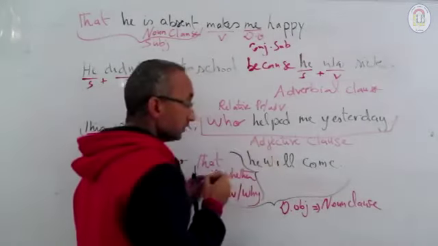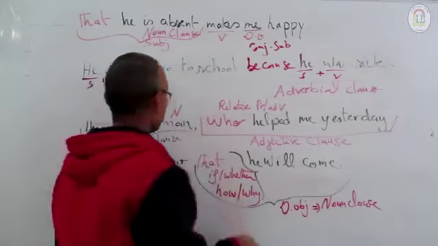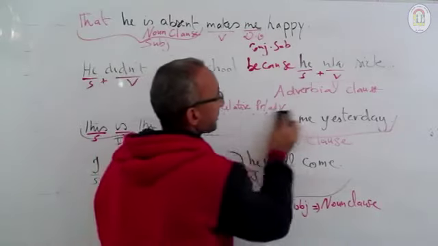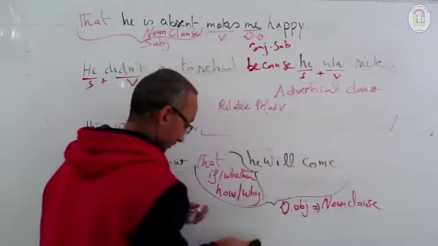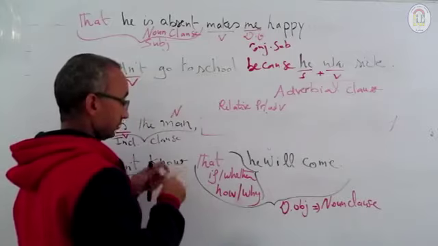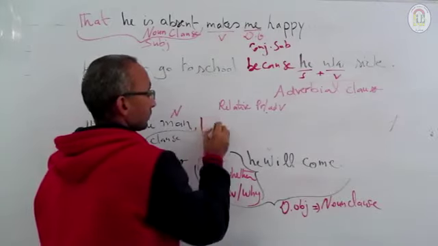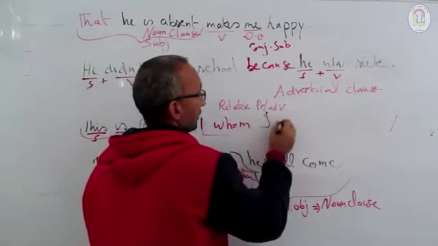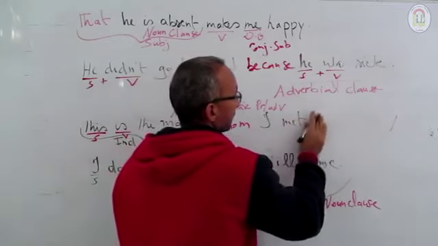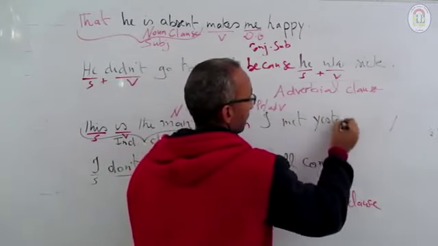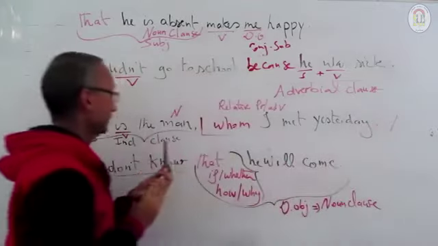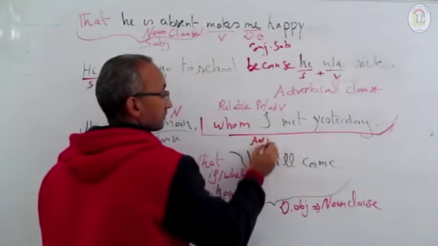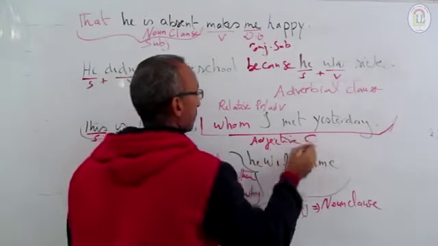Here also we need to adjust this example and write who is the man, whom or that I met yesterday. Right, man who I met yesterday. So here is my adjective clause.